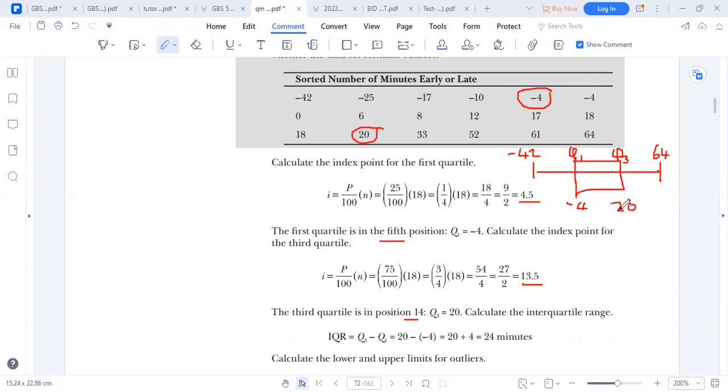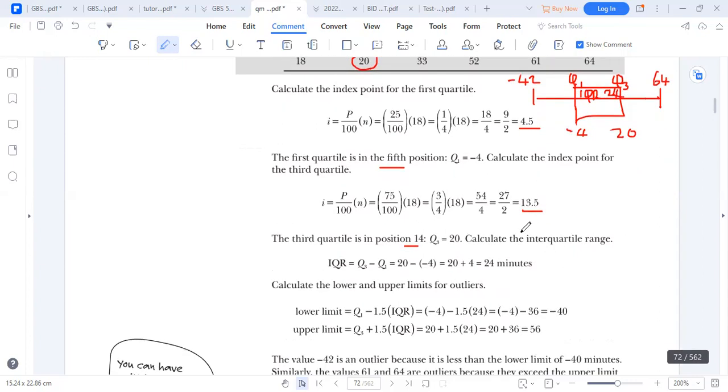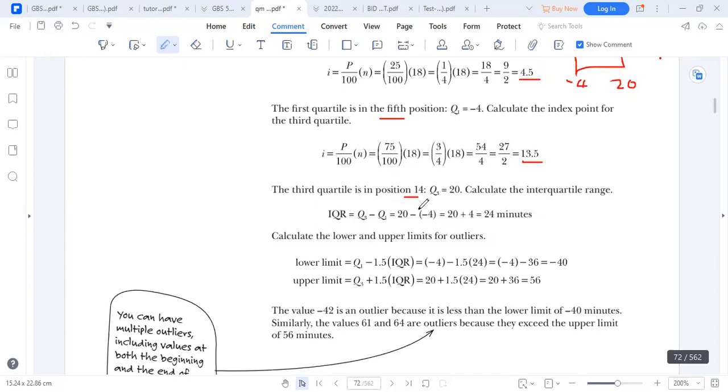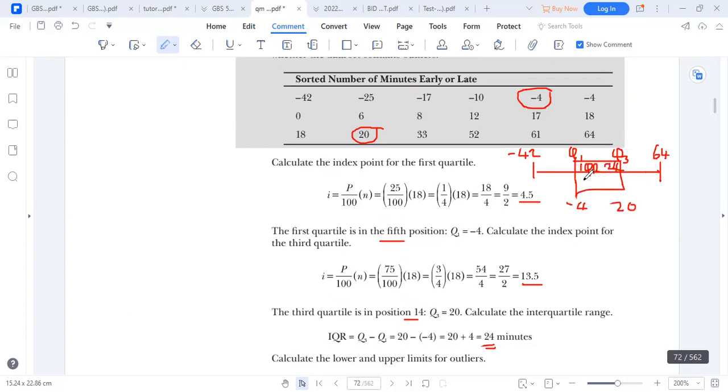When you subtract 20 minus that, our interquartile range will be adding these two figures, which is 24, because the difference between here, 20 minus, this becomes a plus, so we're going to get 24. Then 24, you multiply by 1.5, we get the correction term, which is 36.